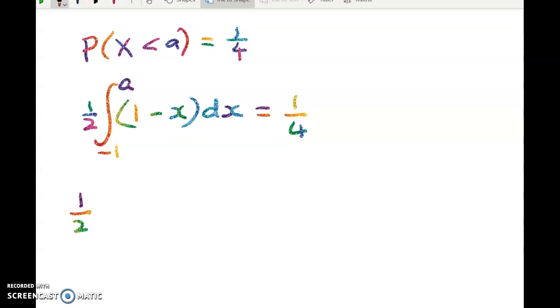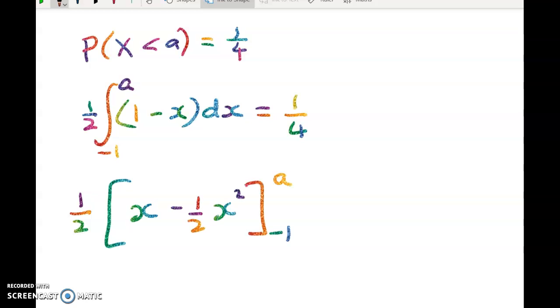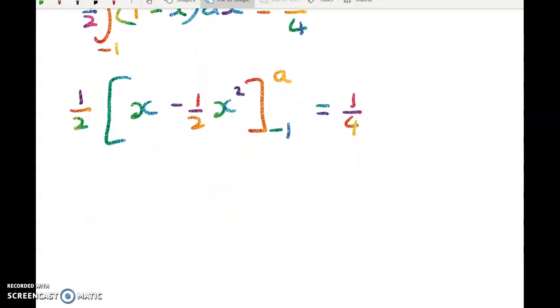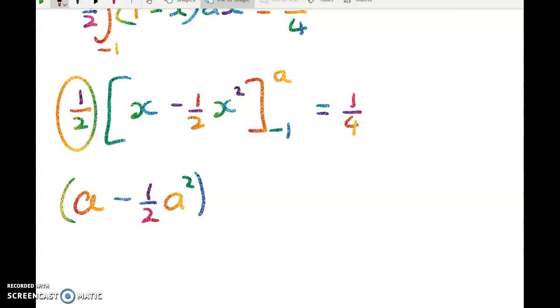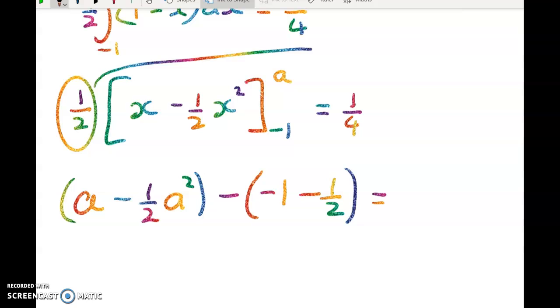So we have a half of (X minus a half X squared), evaluated at A and -1, is equal to 1/4. I'm going to multiply this through to the other side. So A minus a half A squared, minus (-1 minus a half), is equal to 2/4.